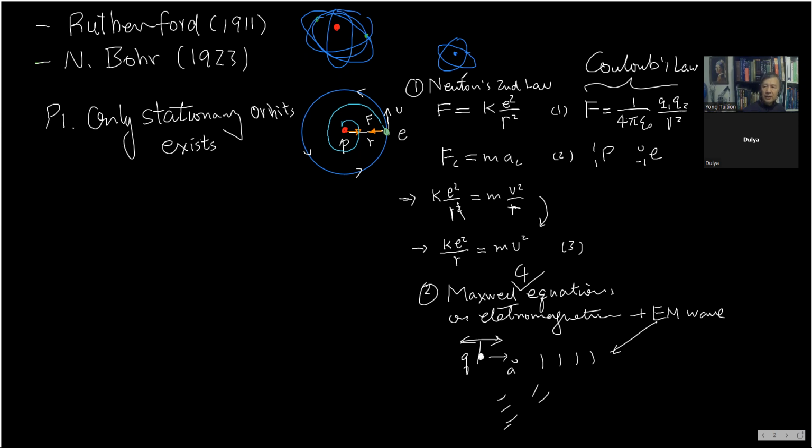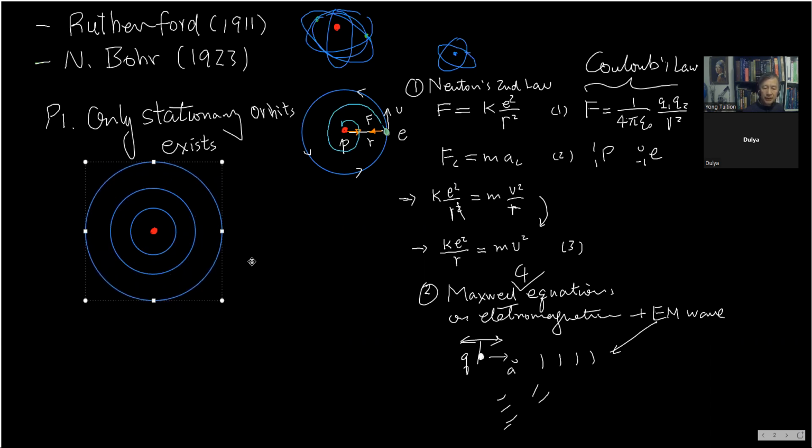Let's draw that. For the hydrogen, if you put the proton at the center, we can draw these so-called stationary orbits. They have different radii. So the prime objective of Bohr's model is to work out the radius of these stationary orbits.